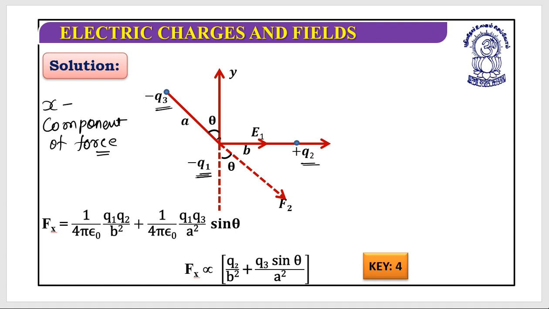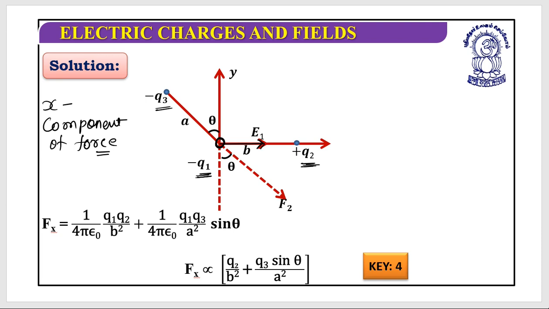So let's begin. This is minus q1, this is plus q2. So what would be the situation? This is a negative charge, this is a positive charge. If both are of opposite polarity, then it should be moving like this.